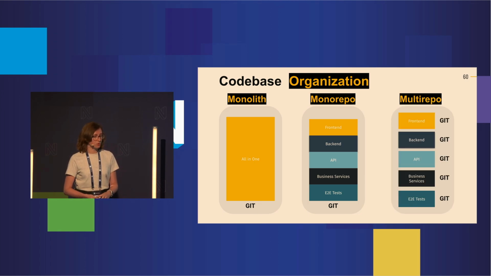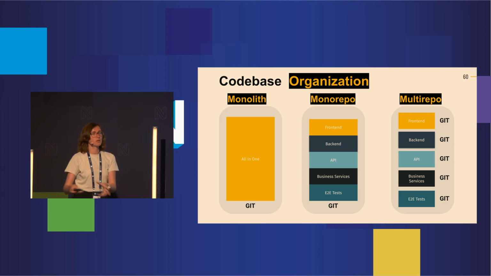And then the third one is the multi-repo, where you have one repository for each of your projects. That's what I worked on before when I was working on the CMS. We had a multi-repo setup, and that is very nice because it gives a lot of independence to each team.